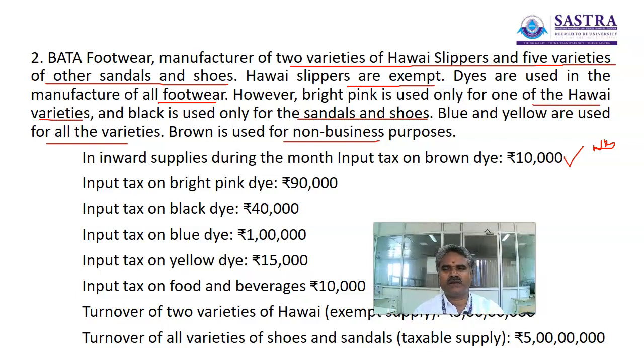Dyes are used in the manufacturing of all footwear. Bright pink is used only for Hawaii varieties. Hawaiis are exempted. Which one? Bright pink, so this is E. This is E1.